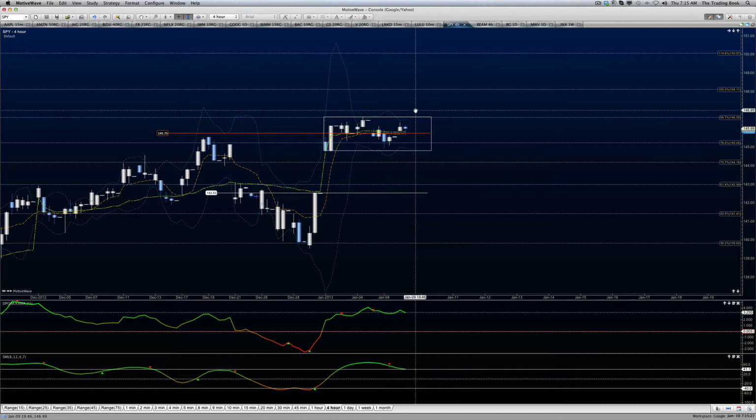Now, interestingly enough, the IWM or the TF has given us a brand new high. It is outperforming the ES tremendously, and it also telegraphs the moves of the ES more often than not.